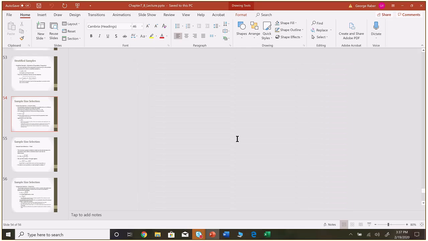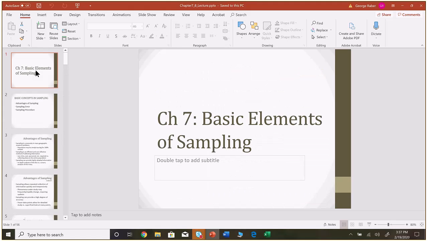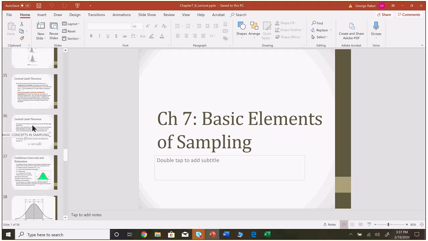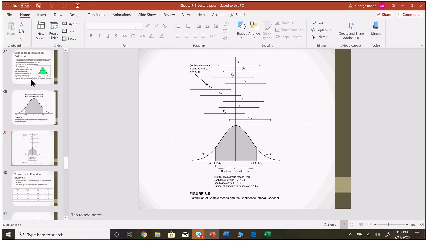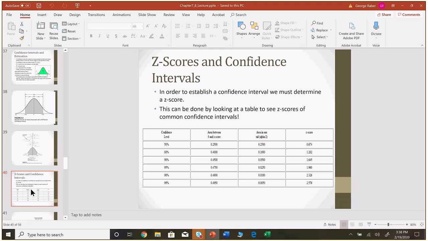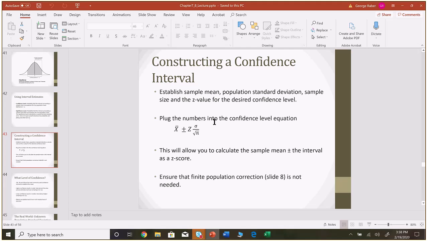You're just going to use this formula. Once you get those numbers, I went way too high. Where's the formula for there? You're going to use that formula.